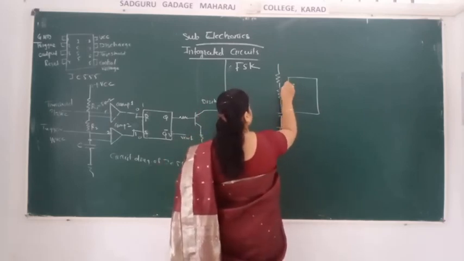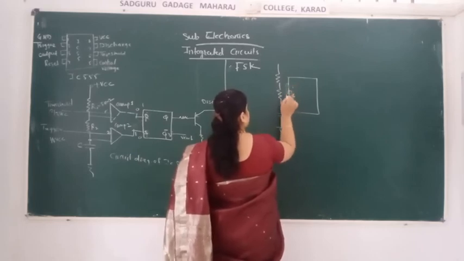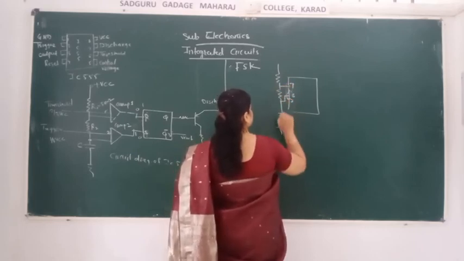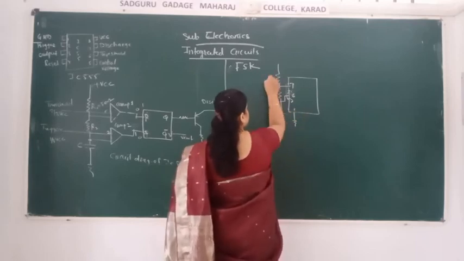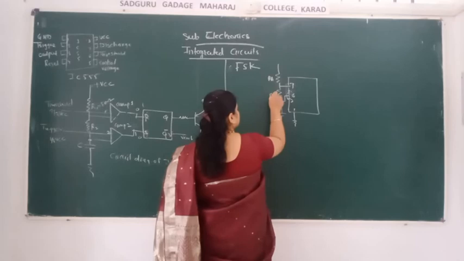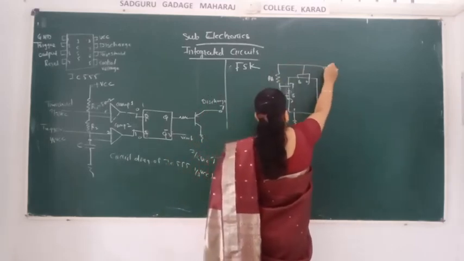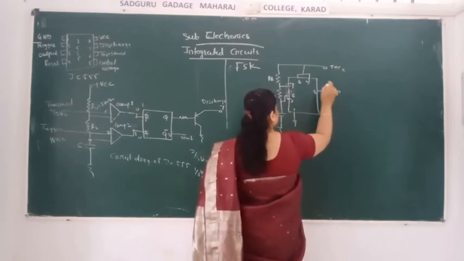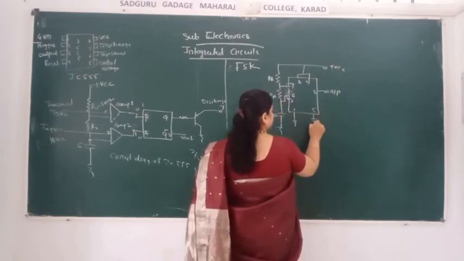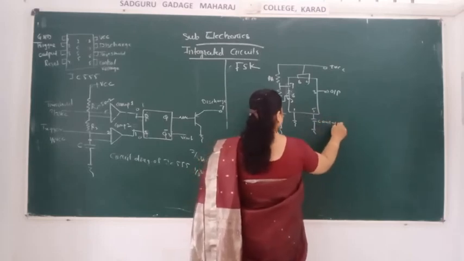Pins 2 and 6 are common and connected here, pin 7 is for discharge, pin 1 is for ground. This is RA, RB. Pins 4 and 8 are connected to the VCC supply. Pin 3 is the output, Vout. At pin 5 we have connected one capacitor, 0.01 microfarad.